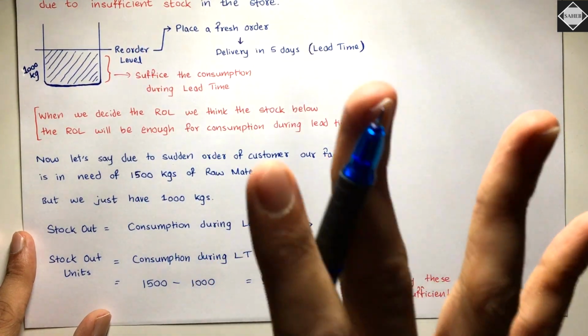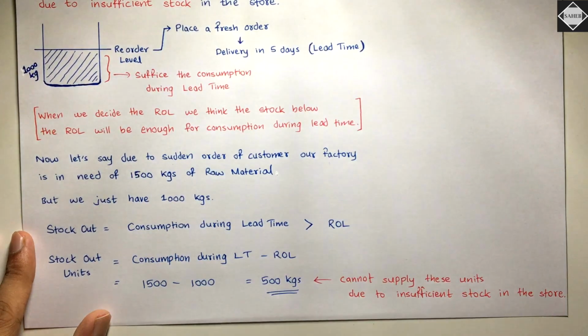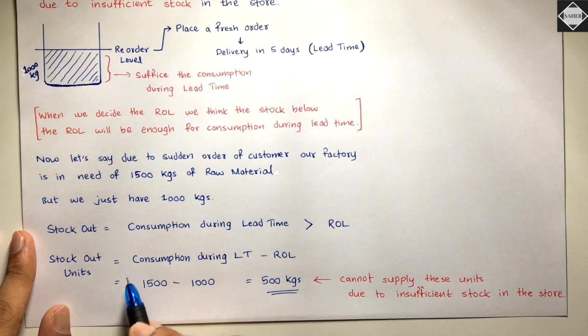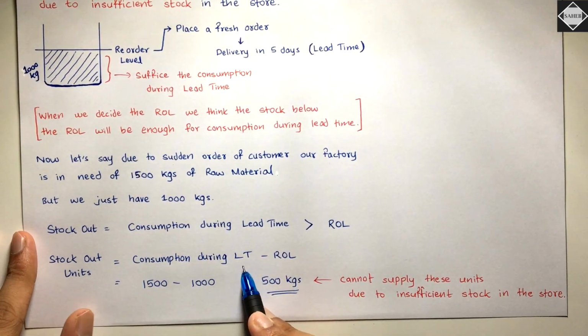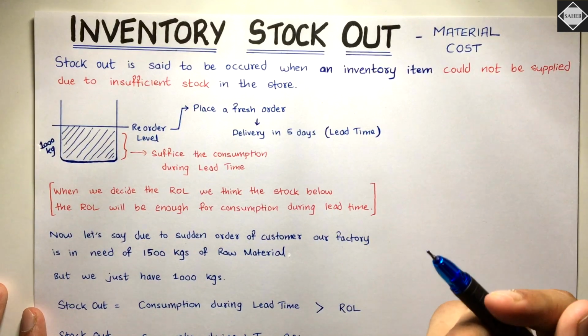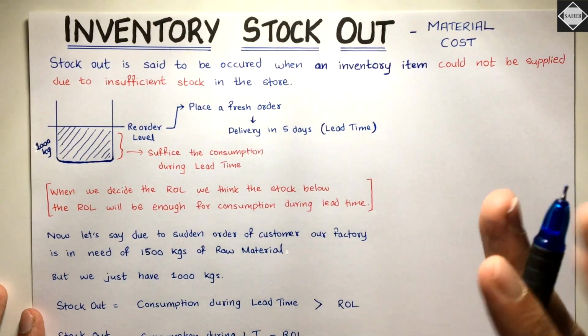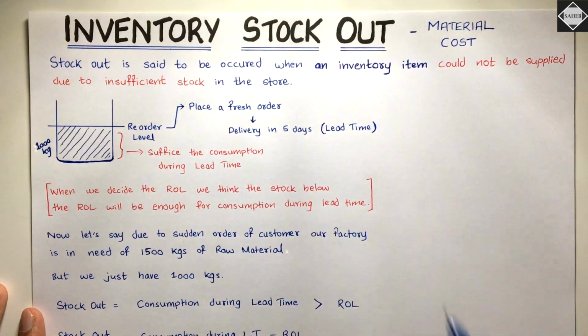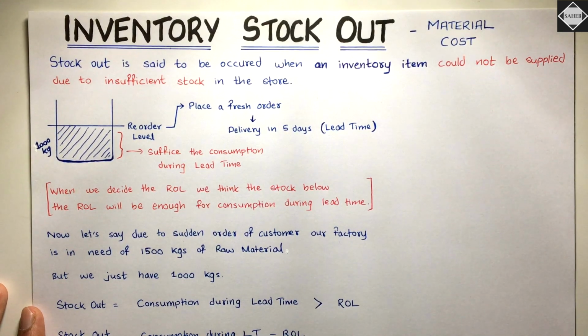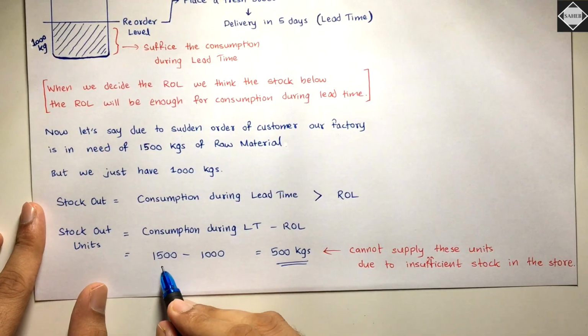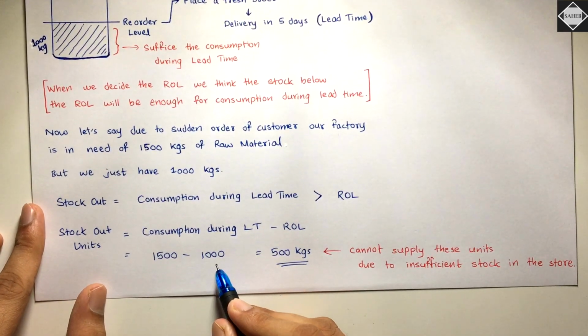We have a shortage of 500 kgs, isn't it? Stockout units is equal to consumption during lead time. Consumption during lead time is how much? It is 1500 kgs. 1500 kgs demand has come. So you'll have to take that minus reorder level.